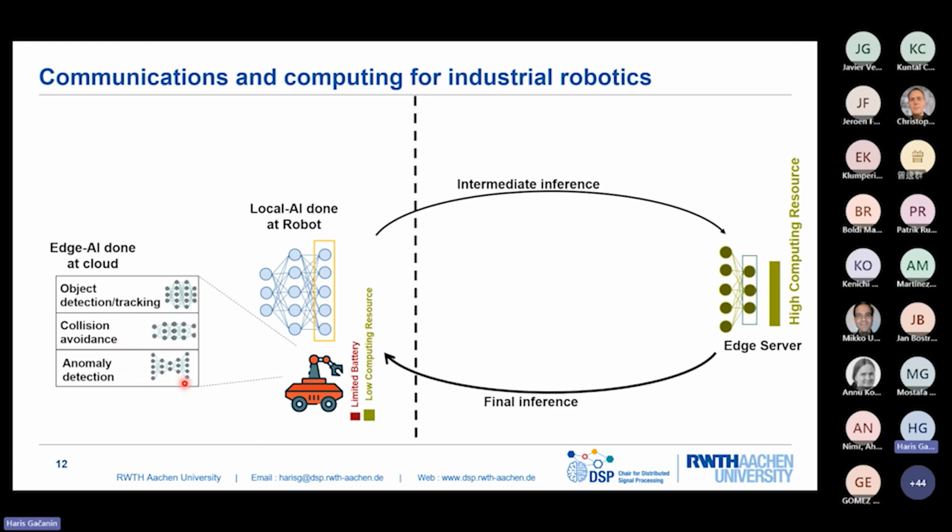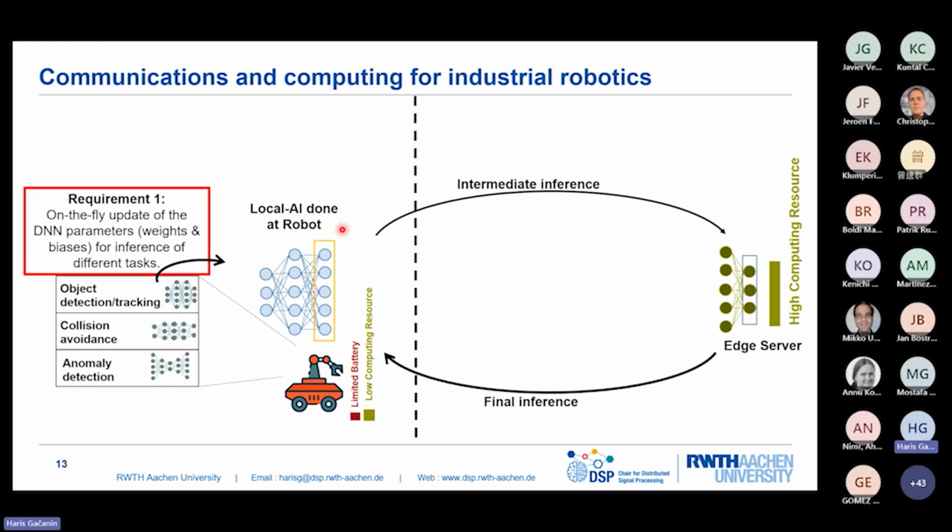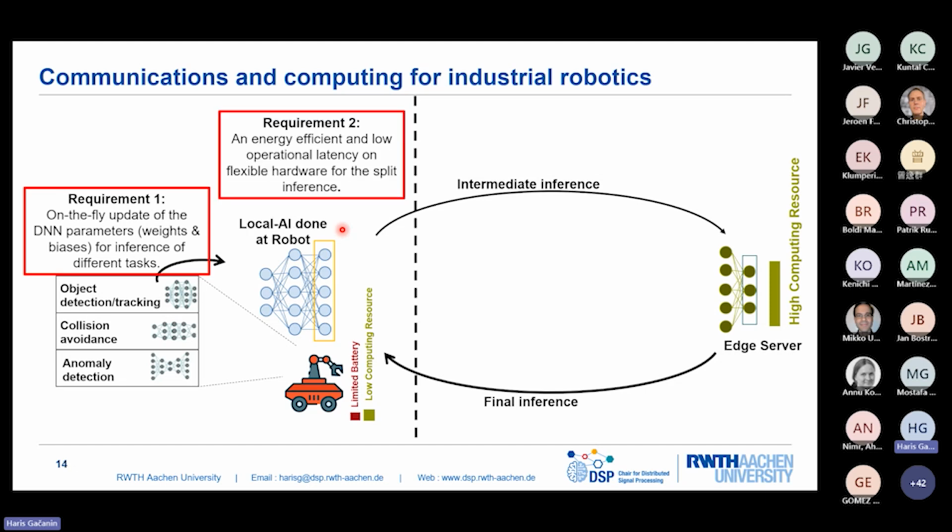Those are just some simple functions. Each robot has a local AI done at the robot unit, and the first requirement is the on-the-fly updating of these learning parameters. That means the weights, the biases, all of this needs to be updated. Then we are talking about energy efficient and low operational latency for particular hardware dependencies on this robot.